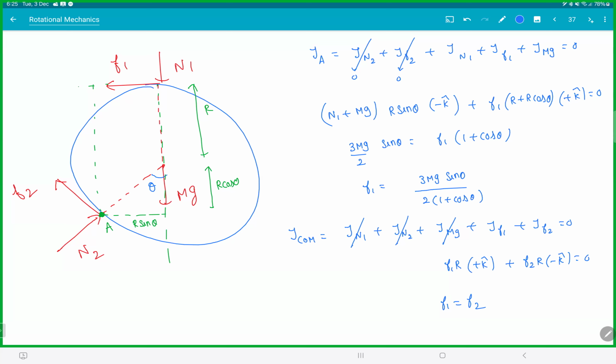There, we got both the frictions now. You're left with only N2. Now, what can we do for N2? You can resolve the forces and solve. We haven't used the Newton's laws equation yet, if you observe.